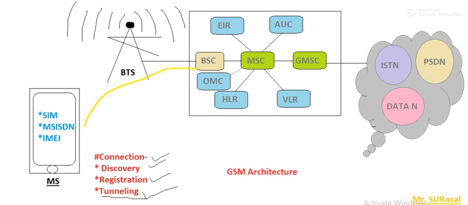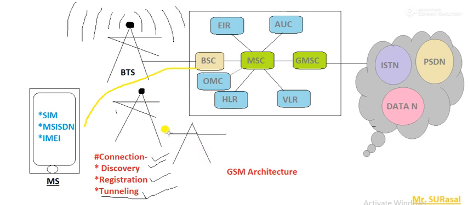Now what is the role of the BSC? Basically the BSC manages n number of BTSs, the base transceiver systems, which you can in short call wireless stations. While learning the introduction to mobile networks, I already explained that it's not necessary that a particular region is connected to a single wireless station.